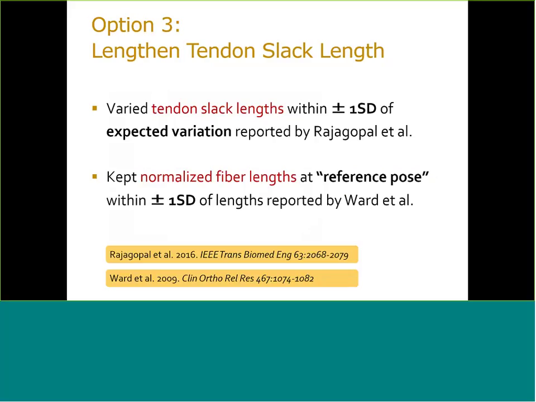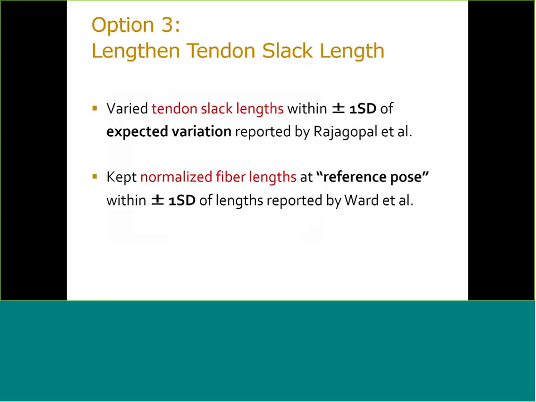So we varied tendon slack length within one standard deviation of the expected variation reported by Rajagopal and colleagues, and at the same time we ensured that our normalized fiber lengths at the reference poses remained within one standard deviation of the lengths reported by Ward et al.